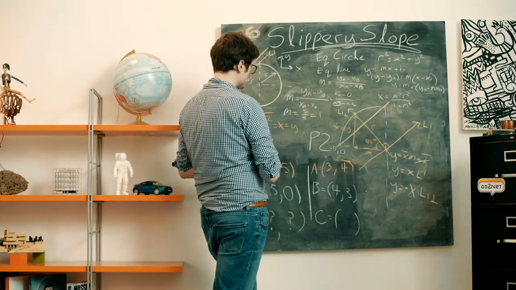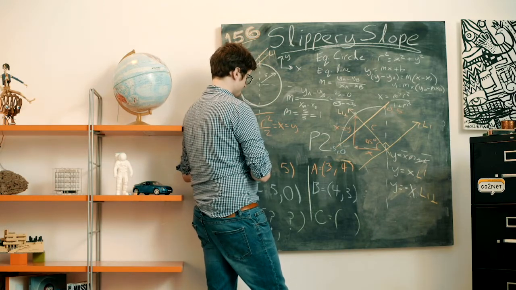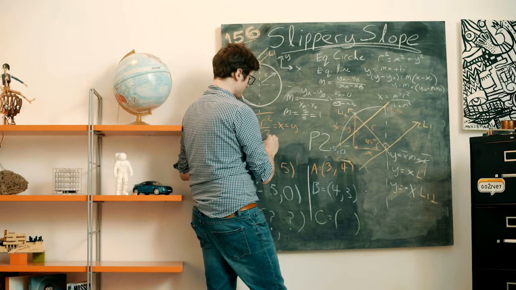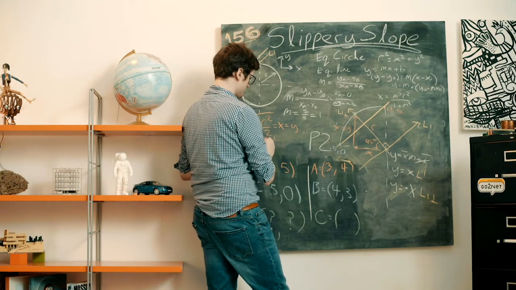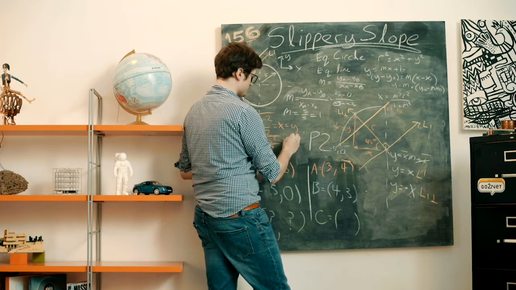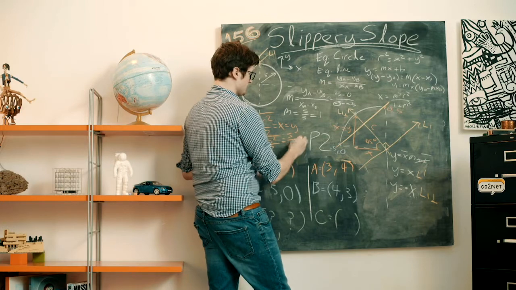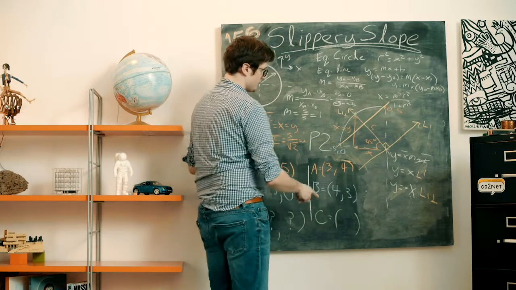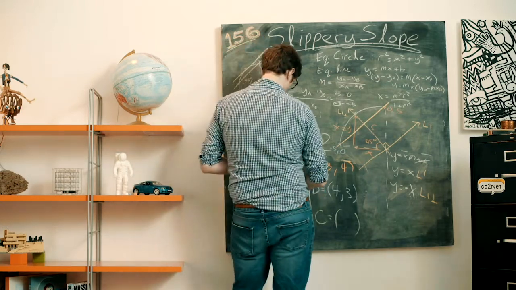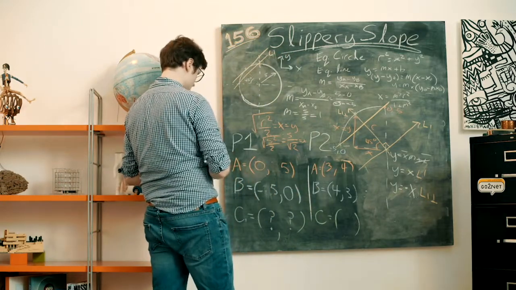And that is going to give us 5 squared over 2, which is equal to 5 over square root 2. It's equal to x. So I know that for c down here, I already have my two coordinates now.